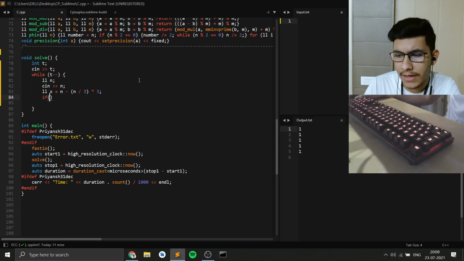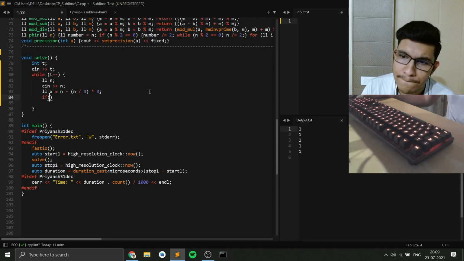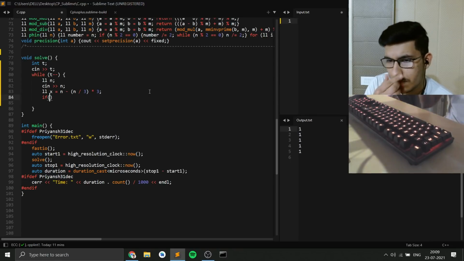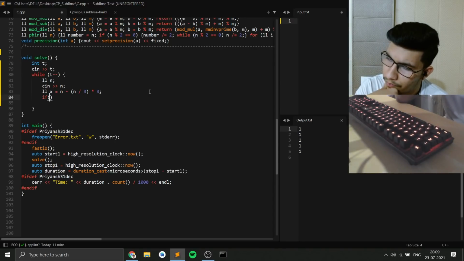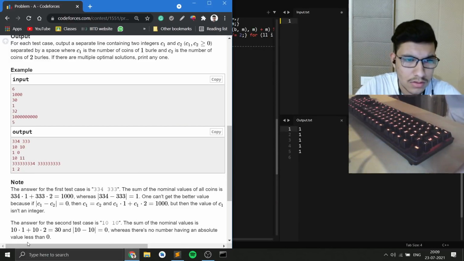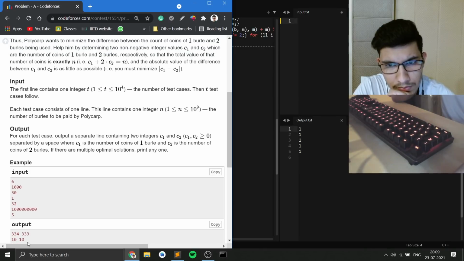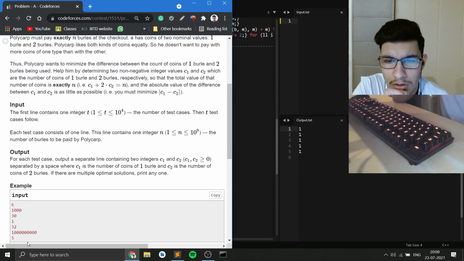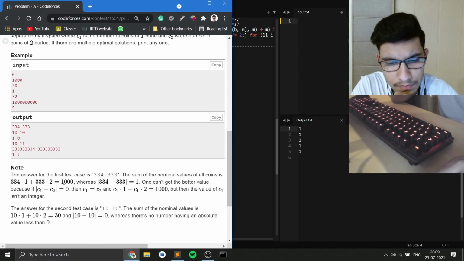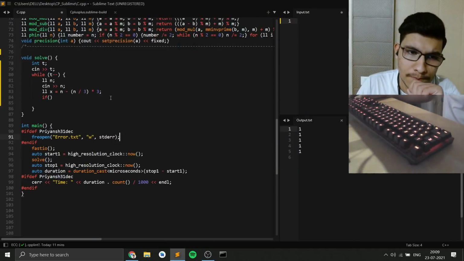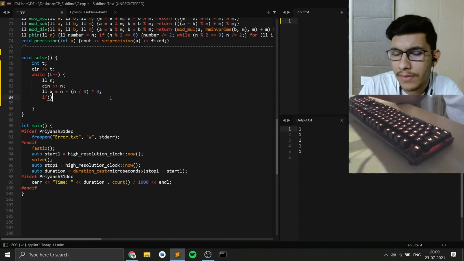If c2 is greater than c1 by x, then the overall sum is 3c1 plus 2x.